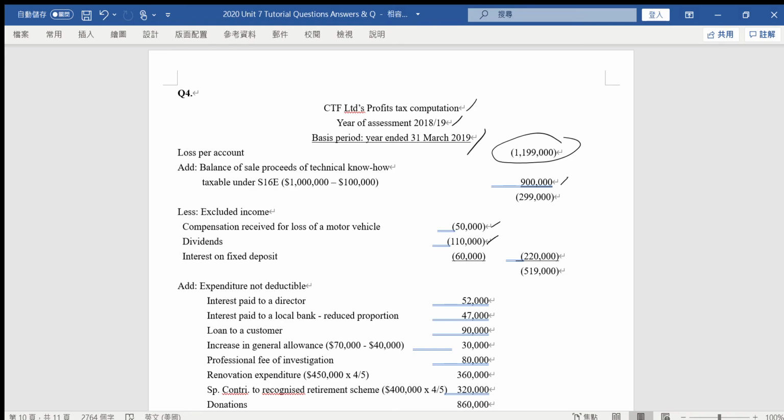Dividend, exempted. That's why you should add it back, exclude, and that will not be taxed. Same for interest on deposit, exempted under the interest exemption order.